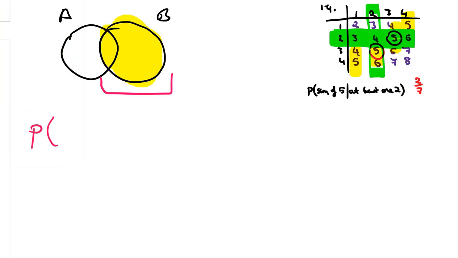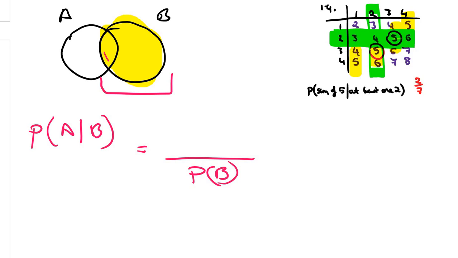Just looking at the formula for that, it's going to be the probability of A given that B has already occurred. Well, the total number of outcomes has to be B, the probability of B, because that has to have happened. And what we're looking for is the probability of A and B happening, which is A intersection B, divided by that.